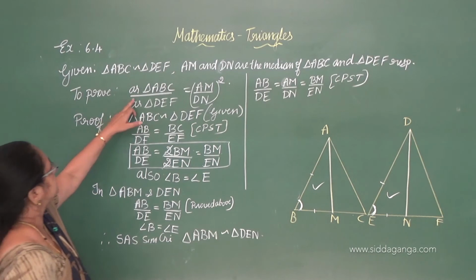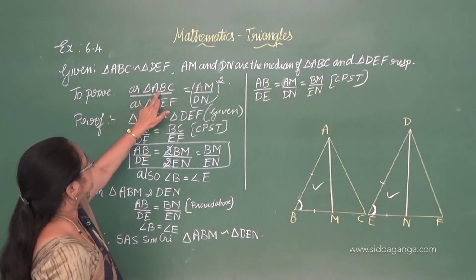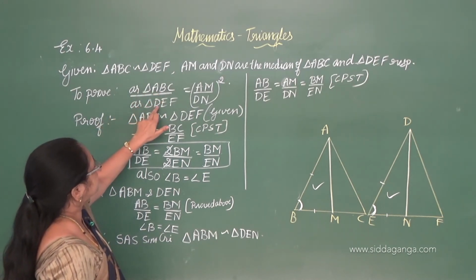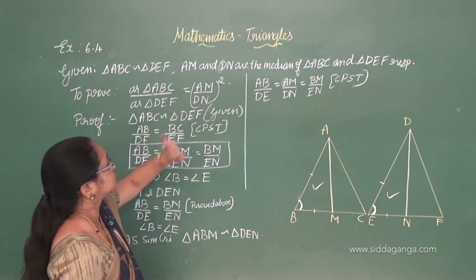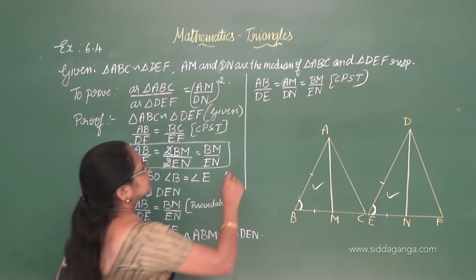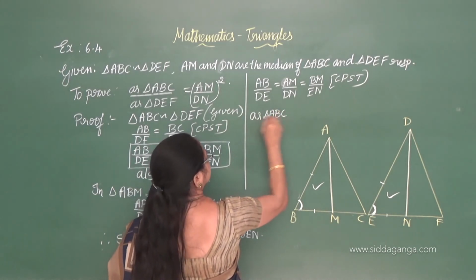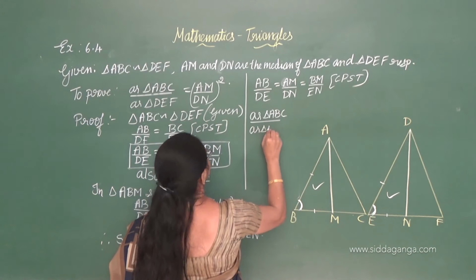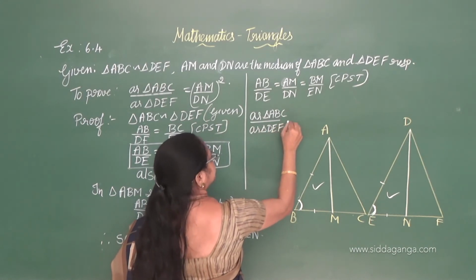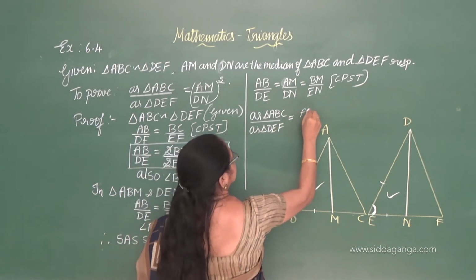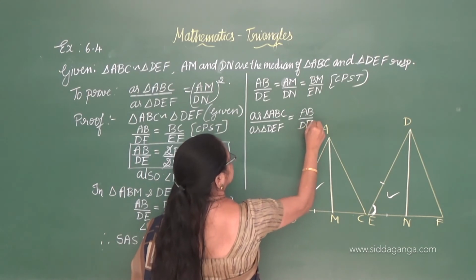See, we need to prove area of the triangle ABC to area of the triangle DEF is equal to AM by DN whole square. But area of triangle ABC divided by area of triangle DEF, we already know that it is AB by DE whole square.